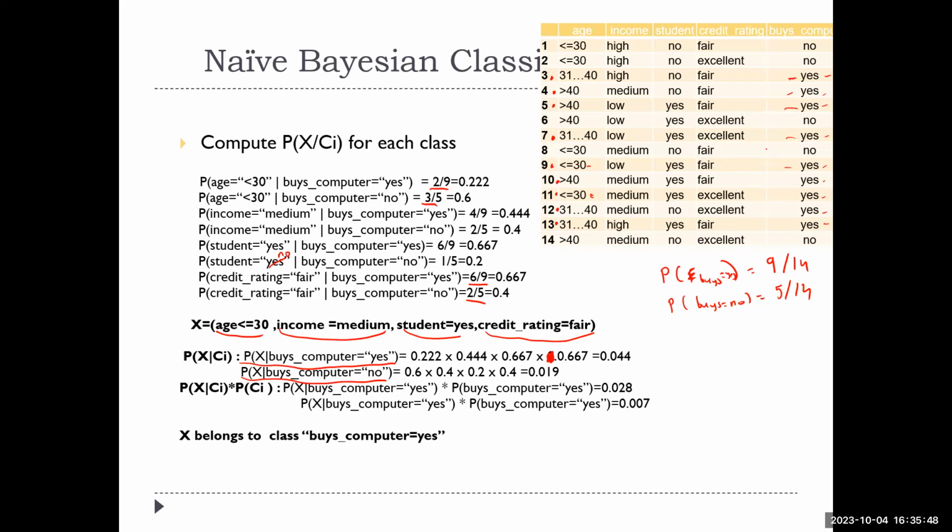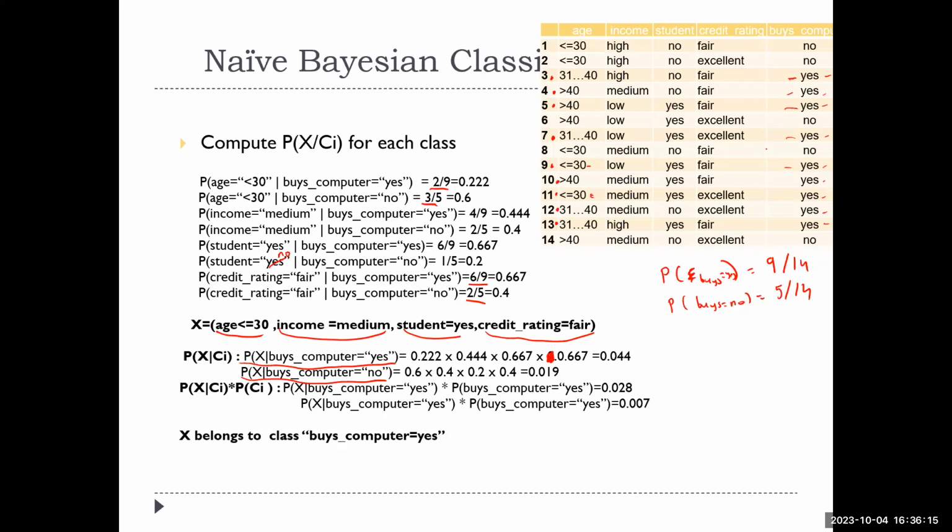We do not generate the probability tables for the test data. What you need to do in real life is some pre-processing. For each value you see in the data set, you need to generate all probabilities. Age less than 30, find the probability. Age 31 to 40, compute the probability.